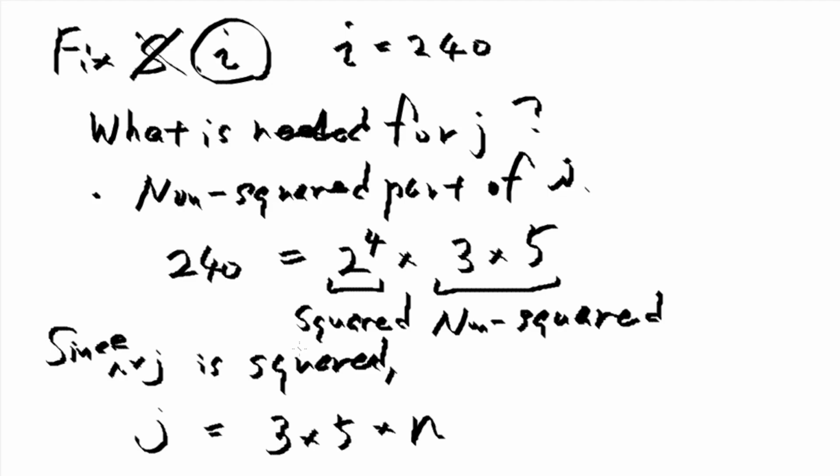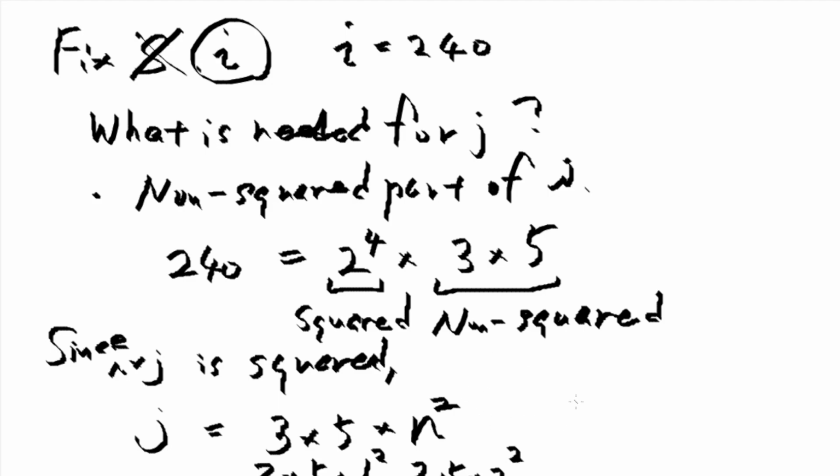And moreover, k must be a square number because i times j is a square. Therefore j is like 3 times 5 times 1 squared, 3 times 5 times 2 squared, and so on.